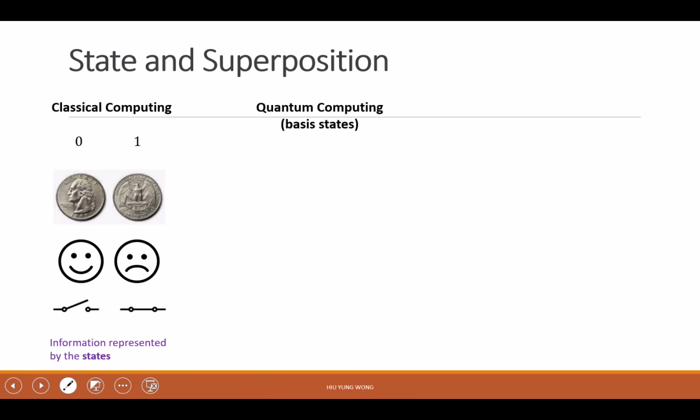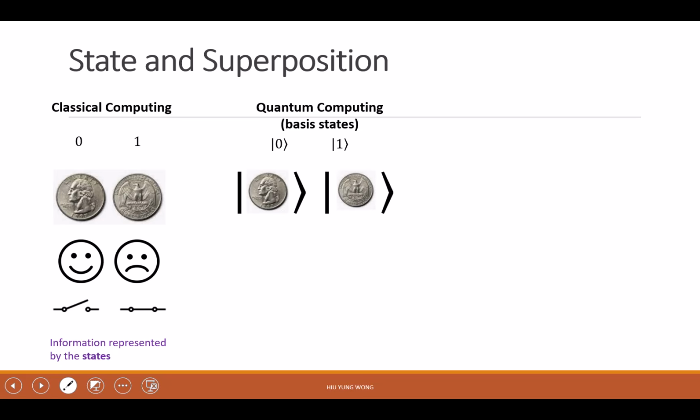Now, in quantum computing, we have something called basis state, the fundamental state, okay? Like in 3D space, you have basis states x hat, y hat, z hat. Any vector is a x hat plus b y hat plus c z hat. Make sense? And these are the basis states, right? So we put it in something called bracket notation. We will talk about this later, so don't worry if you don't understand.